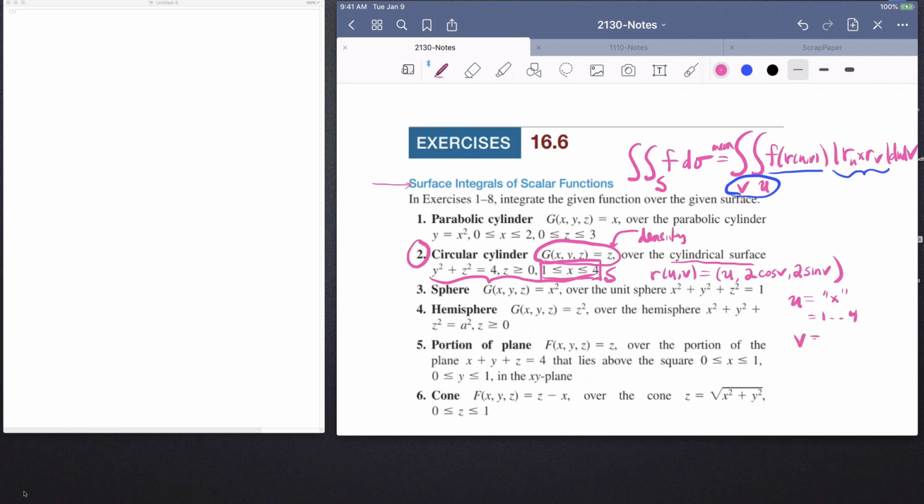And v is the angle variable, and we need to figure out what that goes from and to. It looks like they're saying that z is bigger than 0, so we probably want only the top half of this circle, and that leads me to believe that the angle only needs to go from 0 to pi.